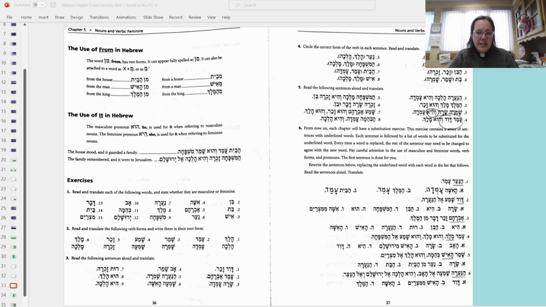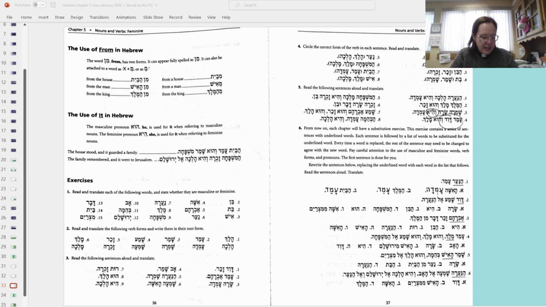We have the alef and the hey added to the end of ish, which means it's feminine and it means woman. Number 5 is Avraham. That's a name, and we know that one is Abraham, and that's masculine. Number 6, we have na'ar. This one you might even remember by now. It means young man, so it is masculine.